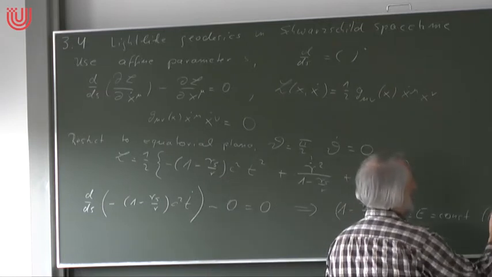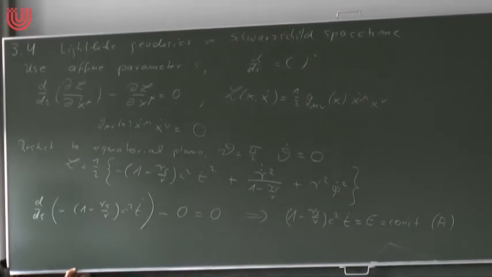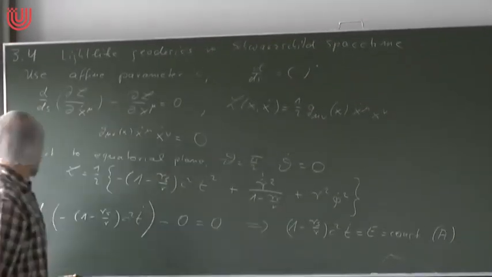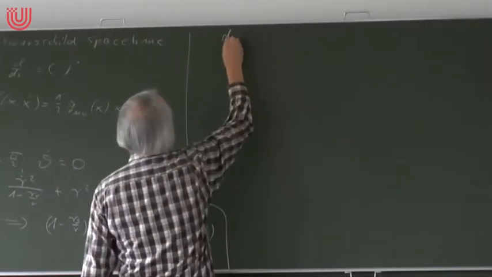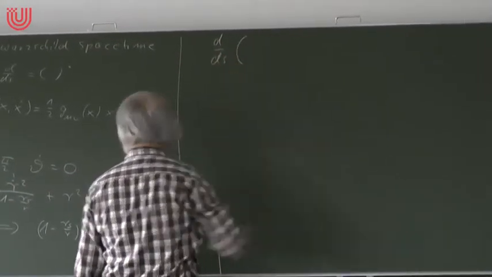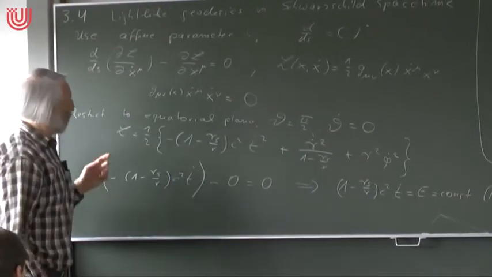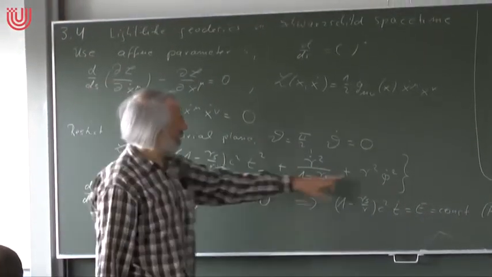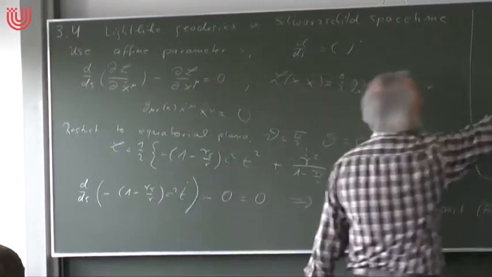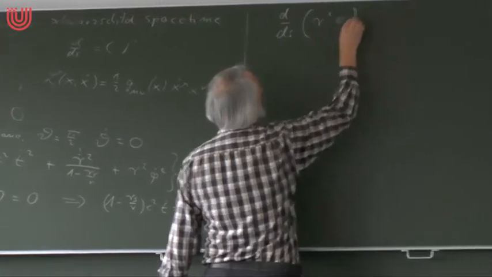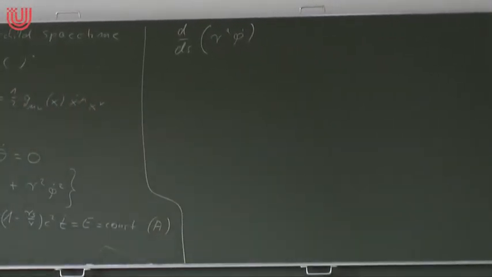And this is the same equation which we had for the time-like geodesics, where we labeled it A. And then we have the phi component, d by ds. By the way, in the written lecture notes there was a stupid misprint. When I calculated, the phi component gives r squared times phi dot. And in the script, for some strange reason, the r squared is in the denominator.